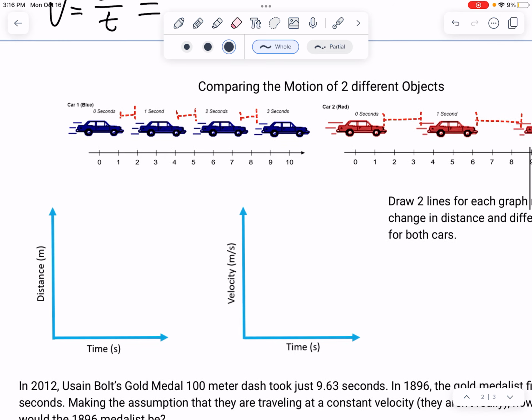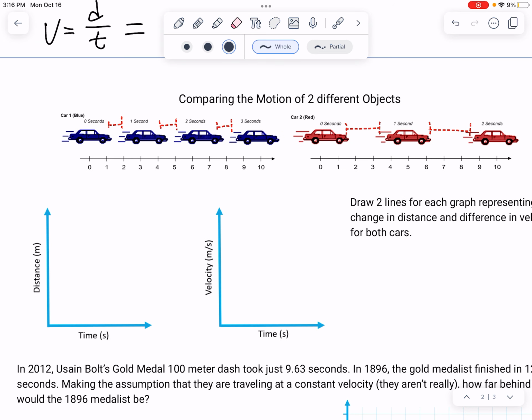The question is, which line is going to be steeper? If you have your red line representing the red car and a blue line, they both go the same distance. The question is, which one reaches that distance first? So which one's going to be steeper? That's for you guys to try and solve here.